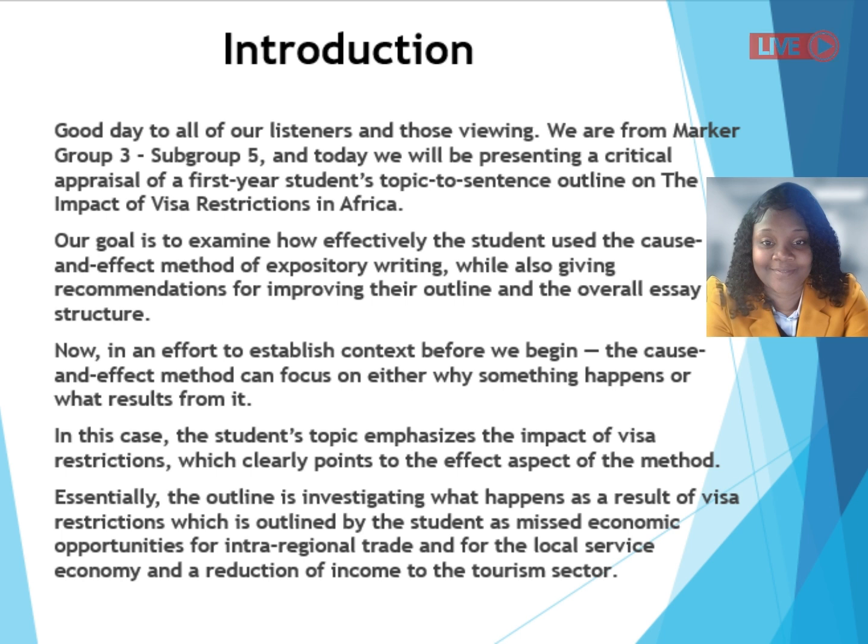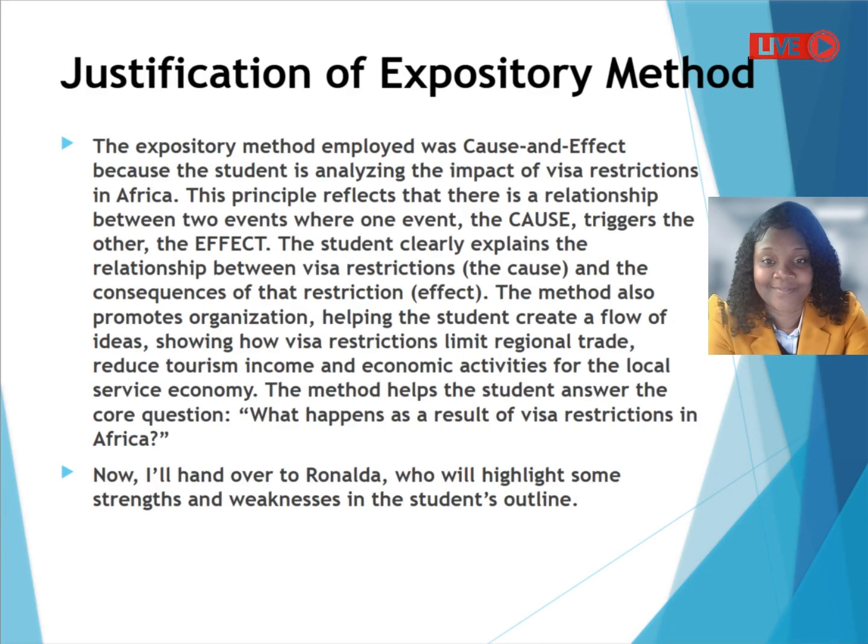Essentially, the outline is investigating what happens as a result of visa restrictions, which is outlined by the student as missed economic opportunities for intra-regional trade and for the local service economy, and a reduction of income to the tourism sector.